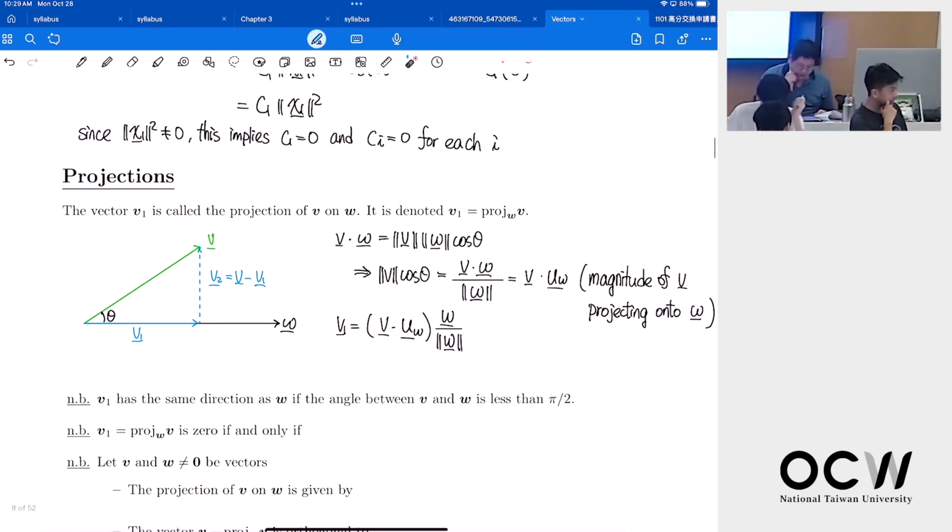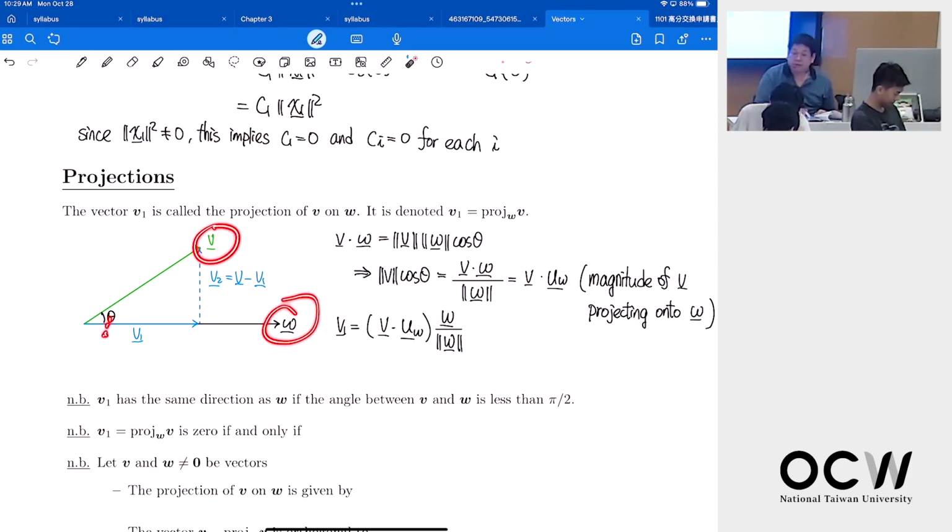So the first note: v1, that's a vector, has the same direction as w if the angle between the vector v and vector w is less than 90 degrees. If it is greater than 90 degrees, then the direction of the vector v1 will be in the opposite direction of w.